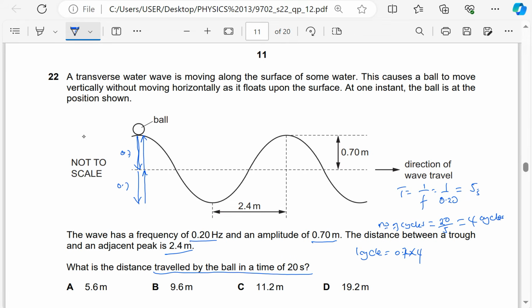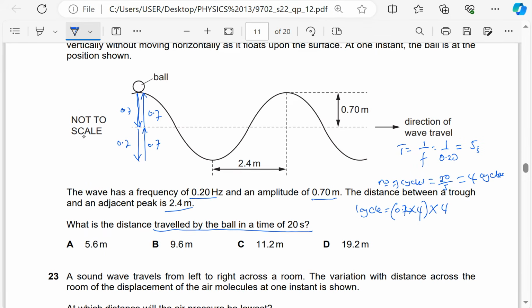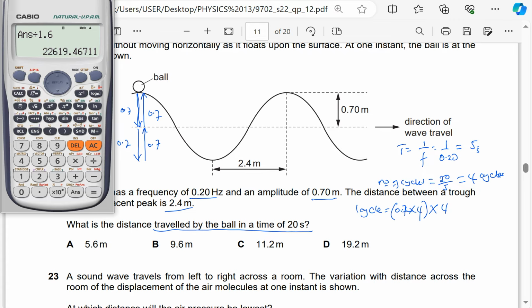But it moves 4 cycles, so I'll multiply this again by 4. So this is going to be 0.7 times 4 times 4, which is 11.2.